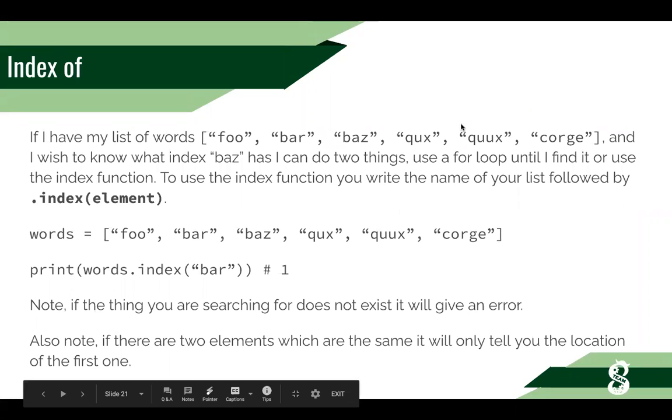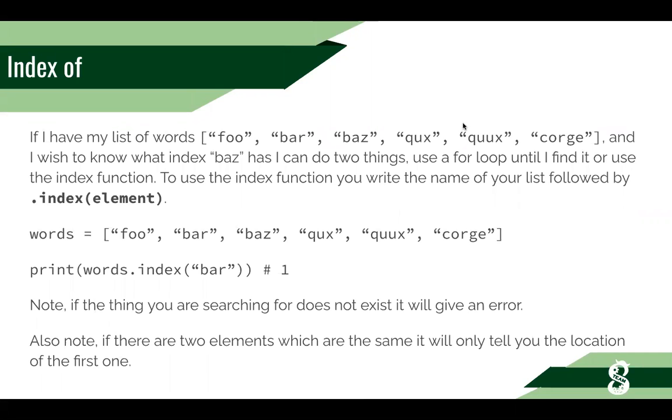So let's continue. Next function is index of. The function is actually index, but what this does is it finds the index of a value. So I have my usual list of words, foo, bar, baz, and so on, and I want to know what index baz has. I can probably just loop through it using a while loop until I find it, like if the element at 0 is equal to baz, print out the index.